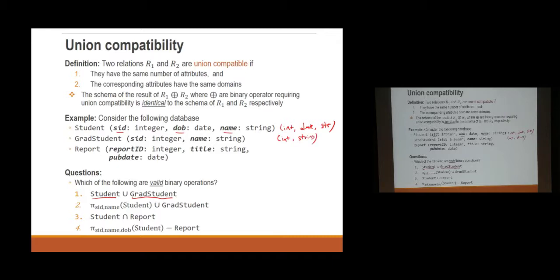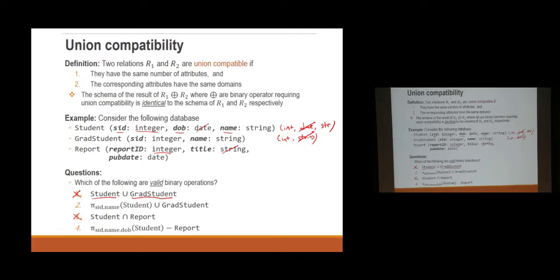So immediately you can see that these are not matched. So they are not union compatible. And also student and report. Student and report, you see there's integer match, but the date does not match the string. Okay, so this one, again, is not.